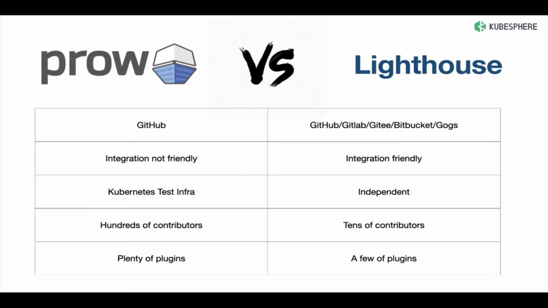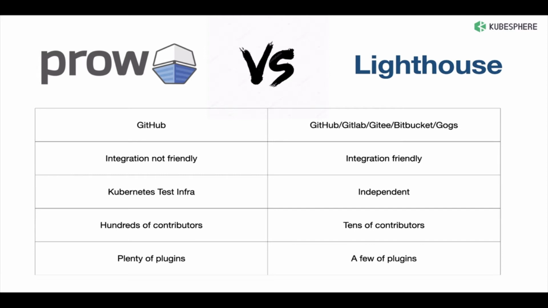Today's main character is Lighthouse. I will compare Prow and Lighthouse. Prow comes from Kubernetes and can only support GitHub, but Lighthouse can support many different Git providers.